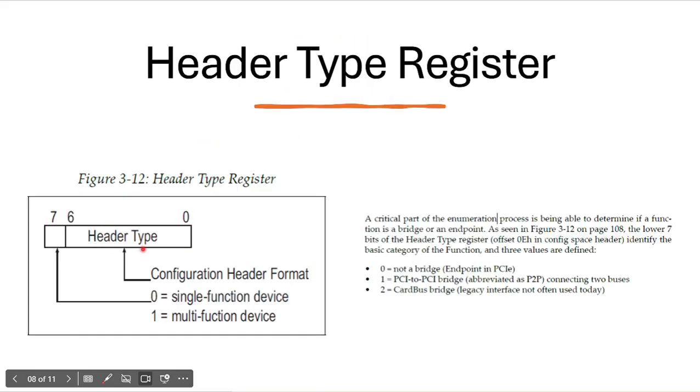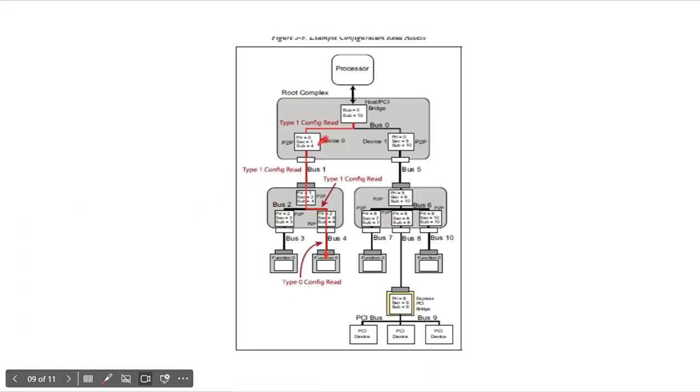By reading the header type, it will understand whether it is an endpoint, a bridge, or a CardBus bridge. There are two possibilities here. See, after the detect, whenever there is a reset or power on, what will happen?